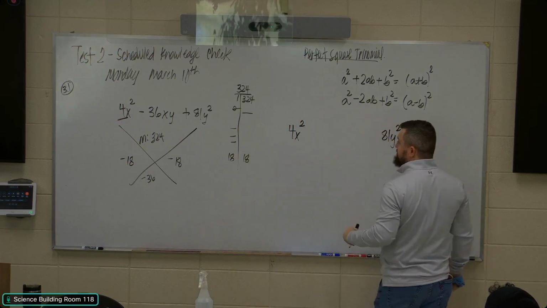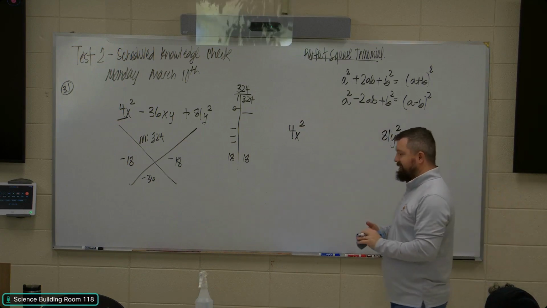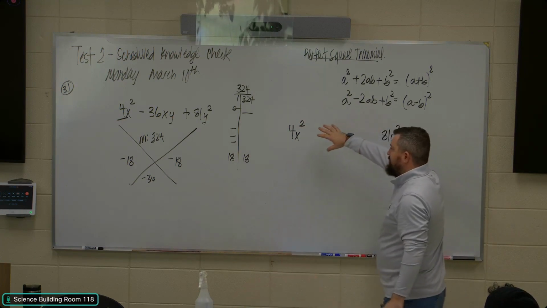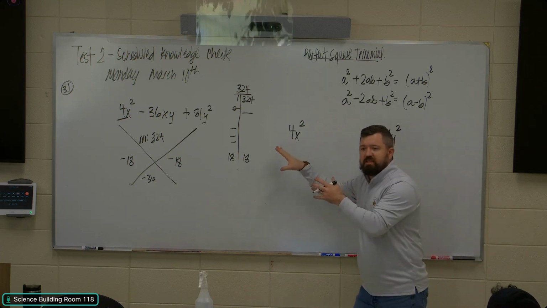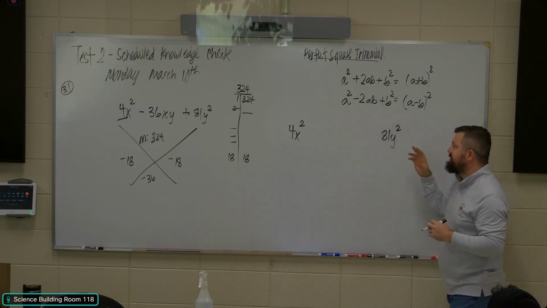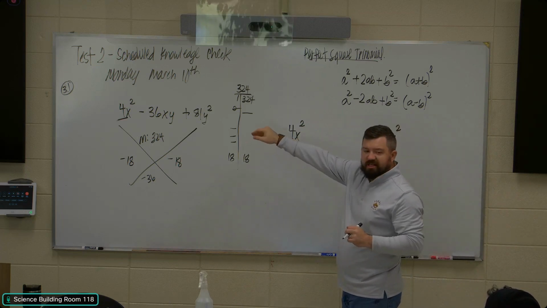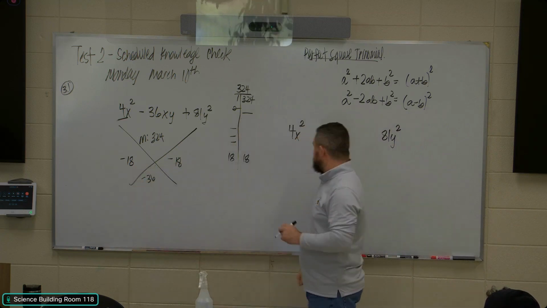I'll tell you this much, this is not on your final exam. When you rewrite those trinomials, the front stays the same, the back stays the same, the middle is what changes. So instead of negative 36xy, we're going to use negative 18 and negative 18.